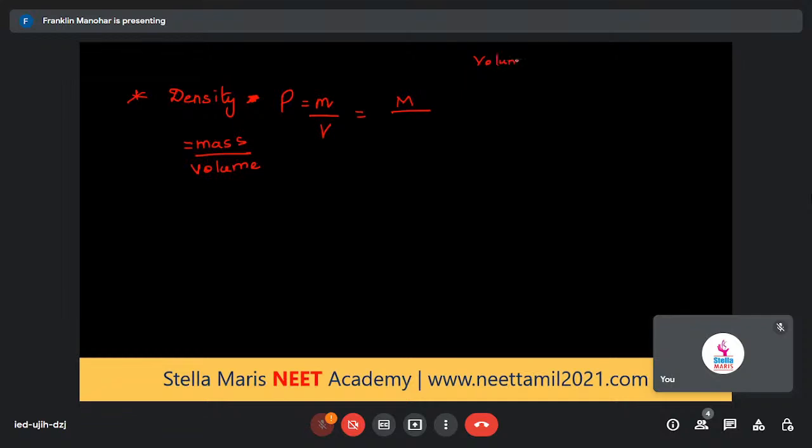Volume is area into height, that is length into breadth into height, L into L into L, L cube. So, M L to the power -3. So density is equal to mass divided by volume. Mass is M, volume is L cube. So M into L to the power -3.